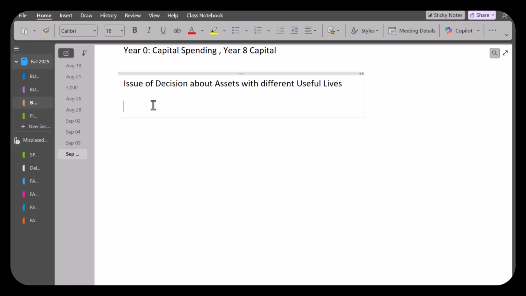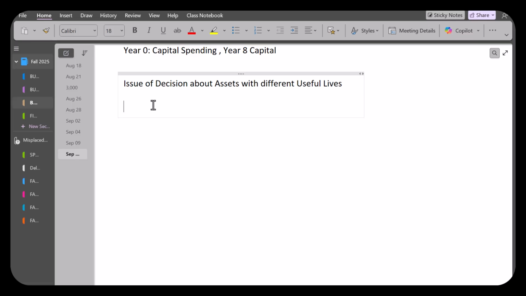And the second choice is to buy a machine, but I have to replace it only once during the life of the project, every 6 years. And the third choice is the most expensive machine. It's going to last me the whole 12 years. Well, since these have unequal lives, which one of these do I need to use?